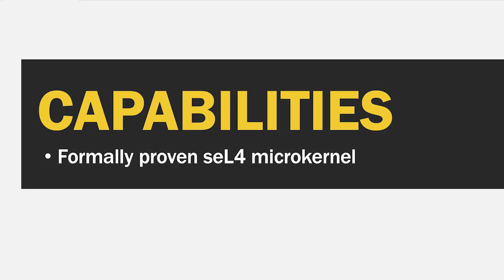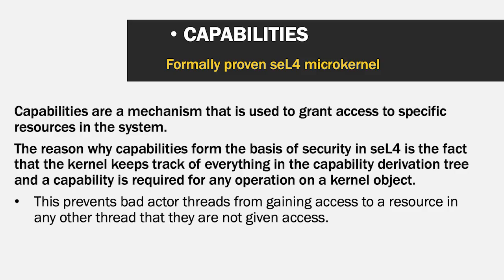Capabilities are probably one of the most interesting aspects of seL4 and are probably one of the biggest pieces that enables proof. So capabilities are basically a mechanism that is used to grant access to specific resources in the system. So for most everything that exists in the system, a capability will exist for it.